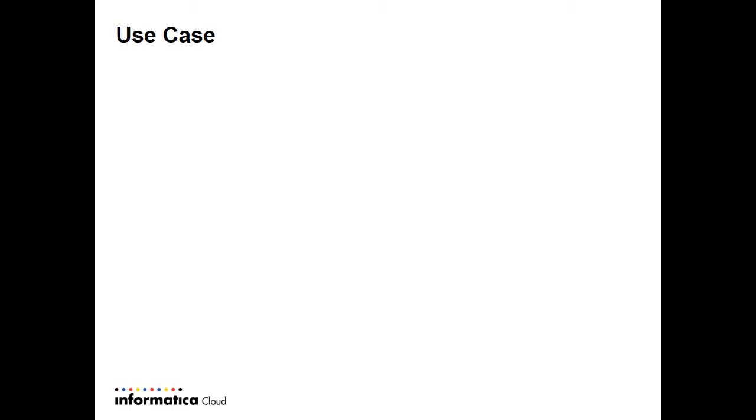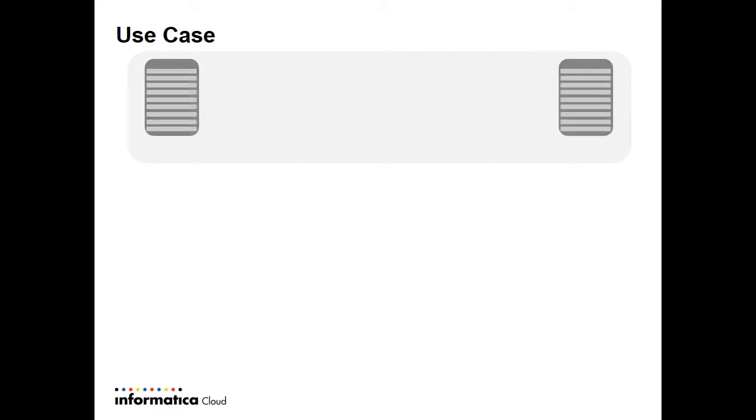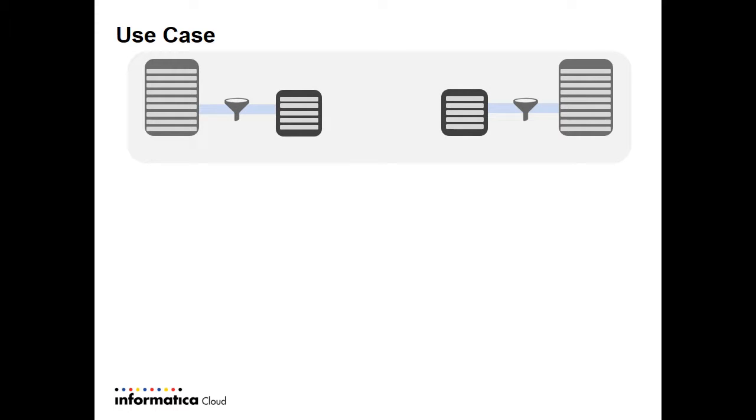Now we will discuss a use case to understand where we can use the parameterized mapping. Let us assume that an organization needs to pull two sets of filtered values from multiple objects within a Salesforce environment. It doesn't want to build and rebuild mappings for each object as it becomes very tedious.